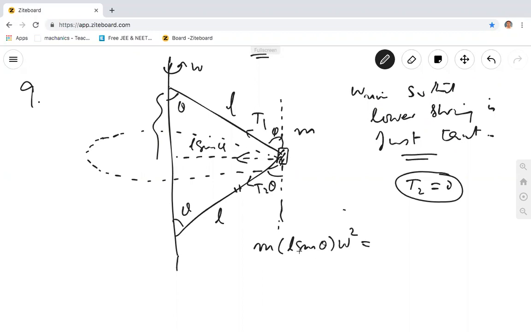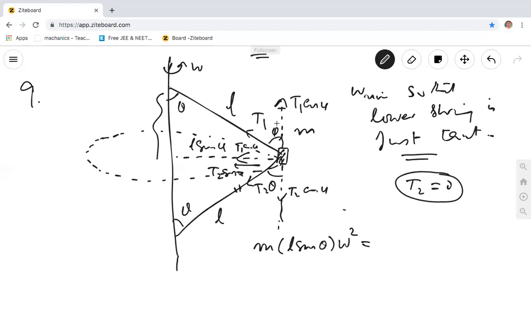Who provides that force? Can anybody tell me here? This is T1 cos theta. This is T1 sin theta. And this is T2 cos theta, and this is T2 sin theta. So m L sin theta omega square is the centripetal force. Who provides this force? Can anybody tell me?